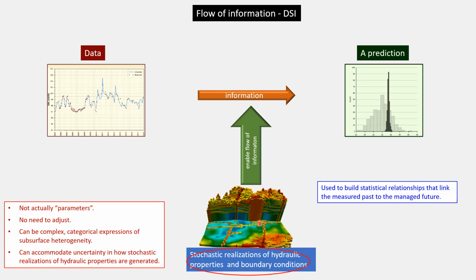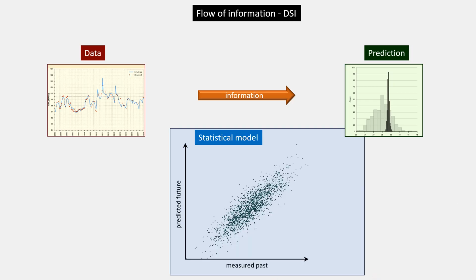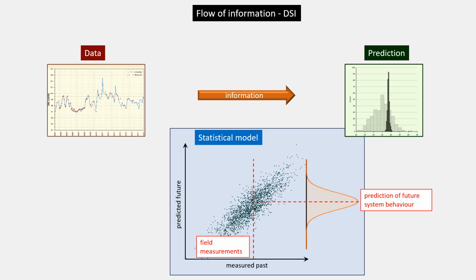So once these few hundred model runs have been done, and we've established our statistical model that links the past to the future, we then note the actual values of field measurements that were made in the past. And we can use our statistical model as the device by which we constrain predictions of the future by measurements of the past.